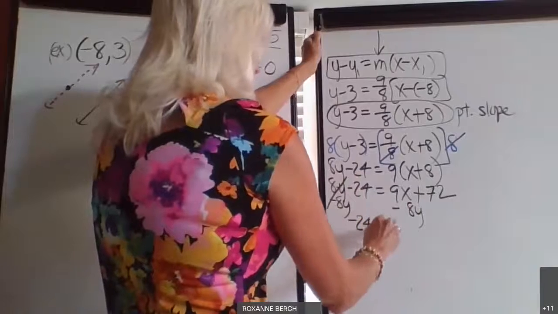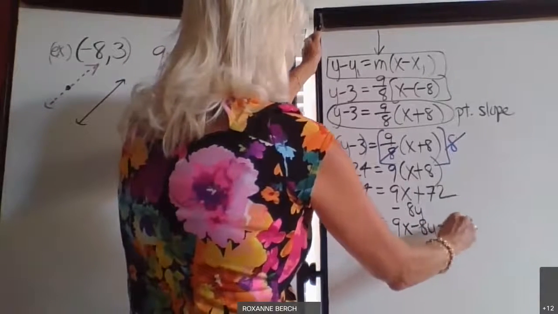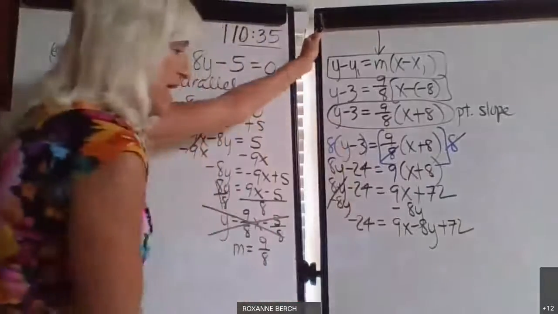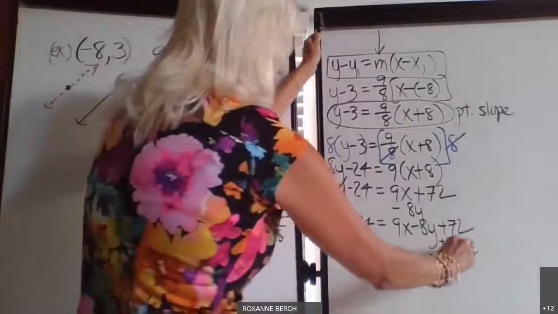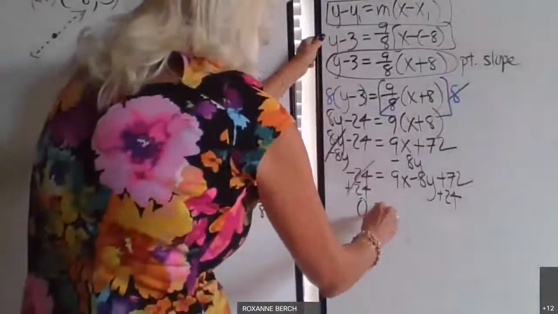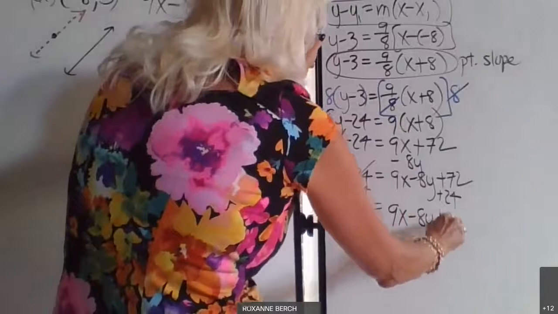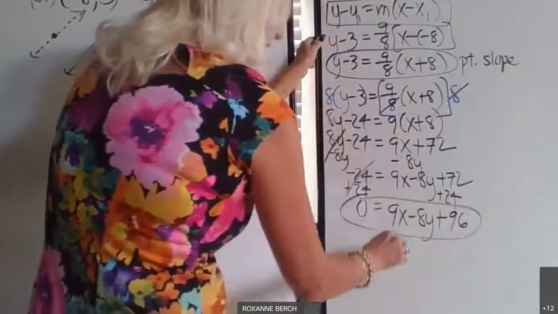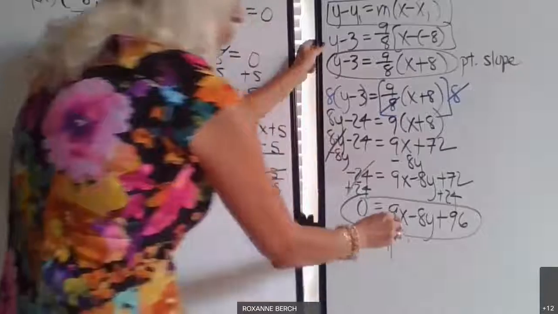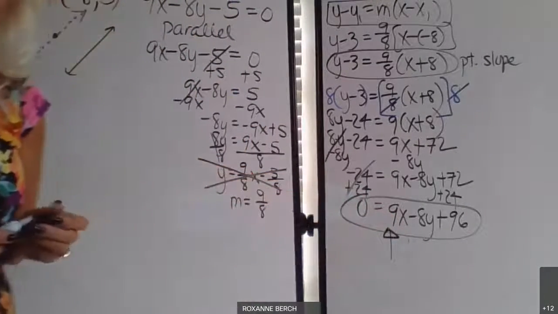So this would be -24 is equal to 9x minus 8y plus 72. And I'm going to add 24 to both sides. You guys see this? So 0, that's general form. 9x minus 8y plus 96. Now, in general form, you just want that to be positive. So just make sure that your x is positive.